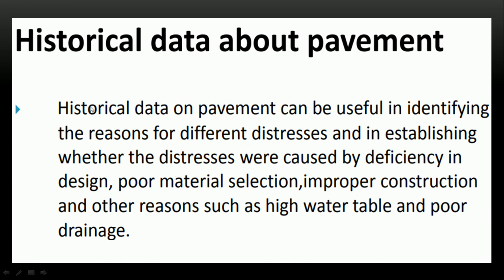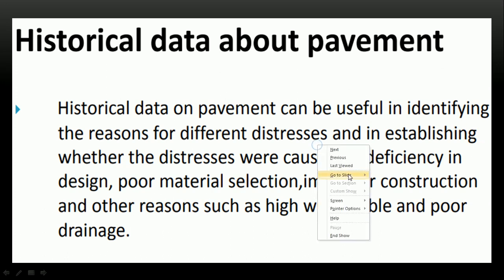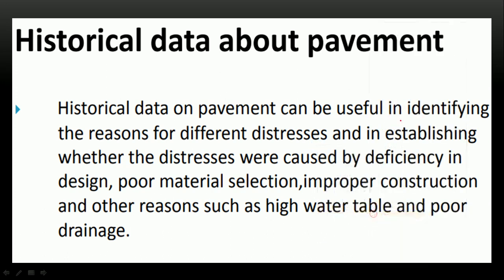As I explained, in this historical data we are going to find out the different distresses and establish the cause of distress, why it has been formed, and whether there is any deficiency in the design or poor material. That is, we are finding out why there is a deformation, why there is a formation of distress.